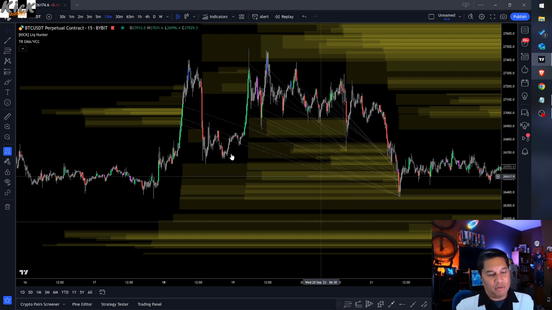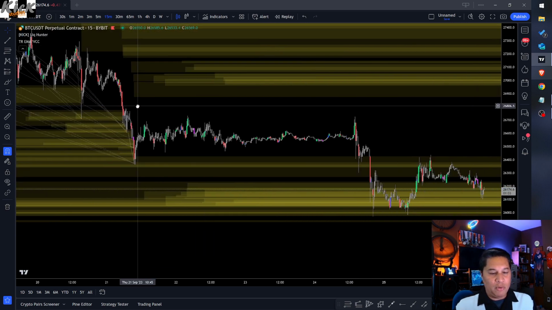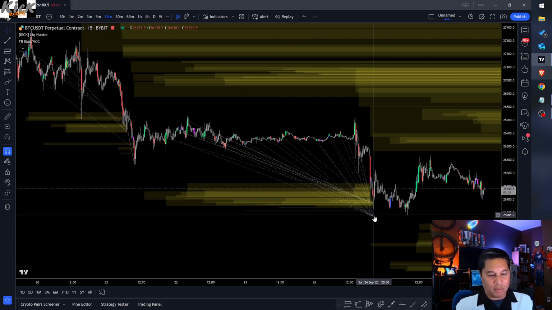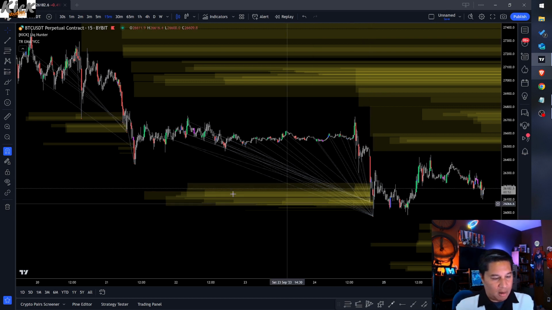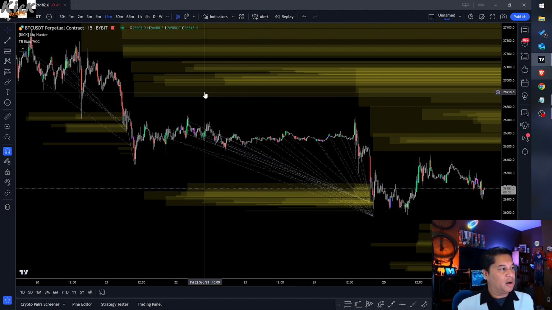It draws itself back to there. So when you find a candle that's got a ton of these lines drawn to it, like this one right here, you know that this candle was basically a liquidity grab that liquidated all these people.